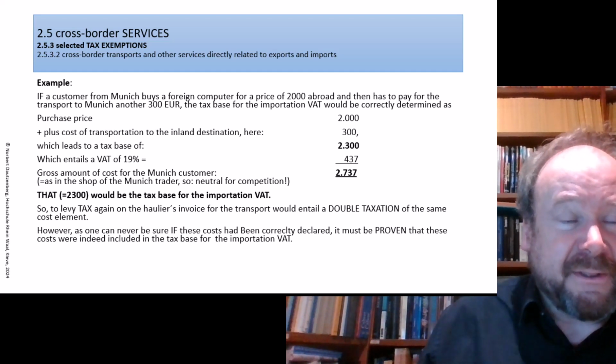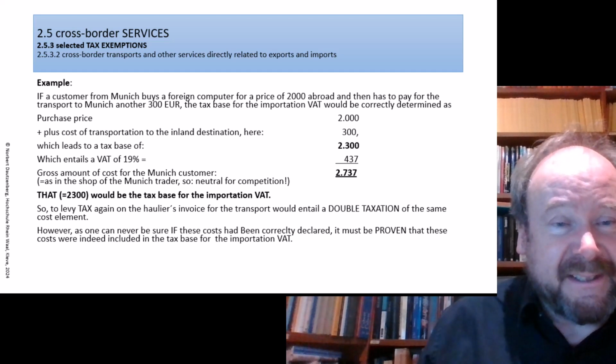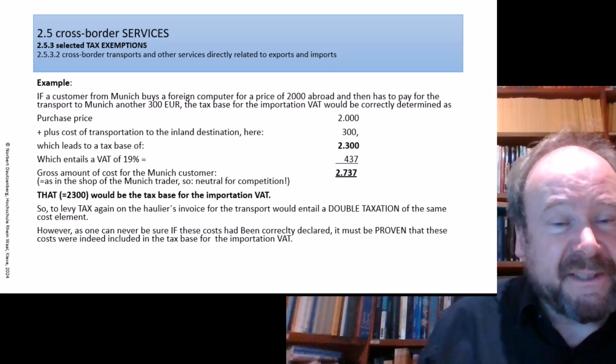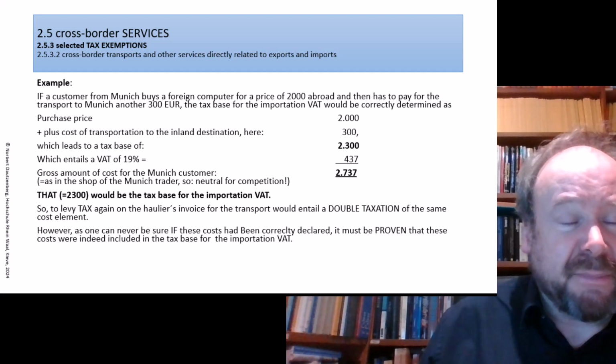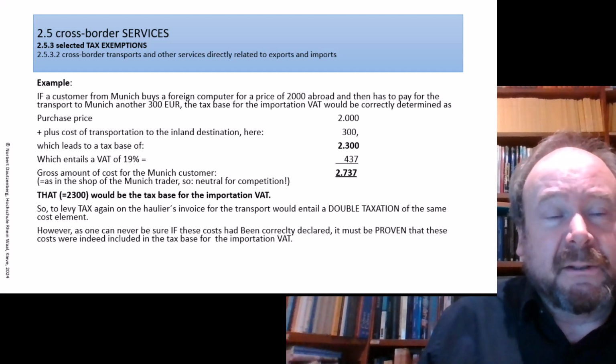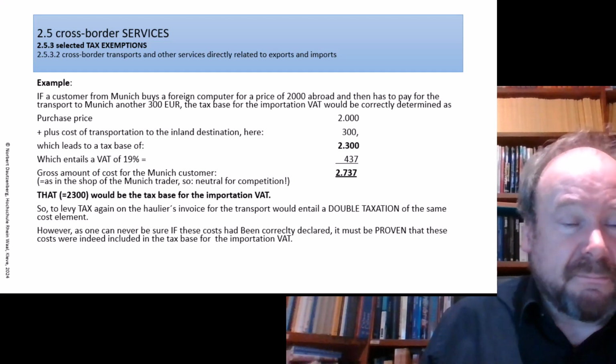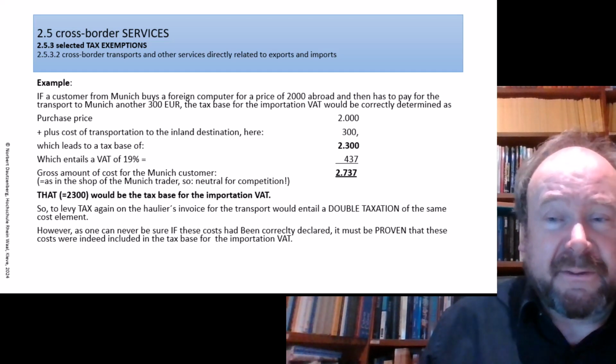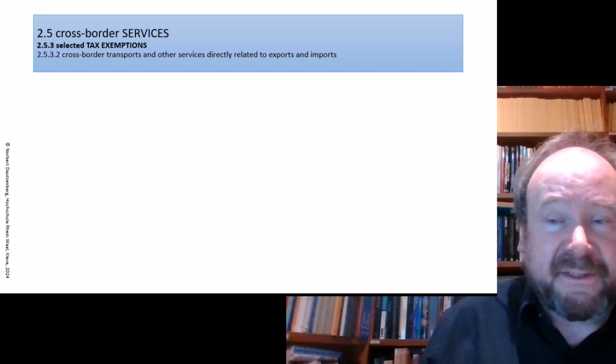Again, here the first test must always be if the service is taxable at all. That's not always the case. It depends on who the customer is, if it's an entrepreneur or a private person, or depending on different circumstances. So never forget to test taxability first.